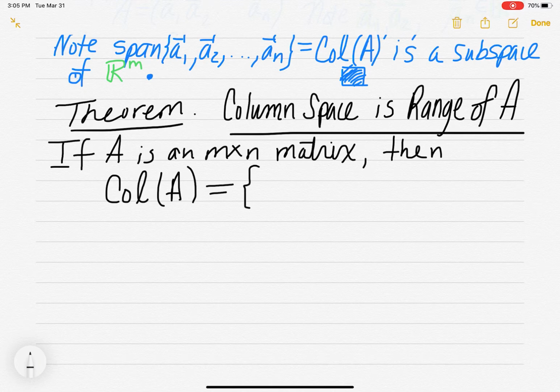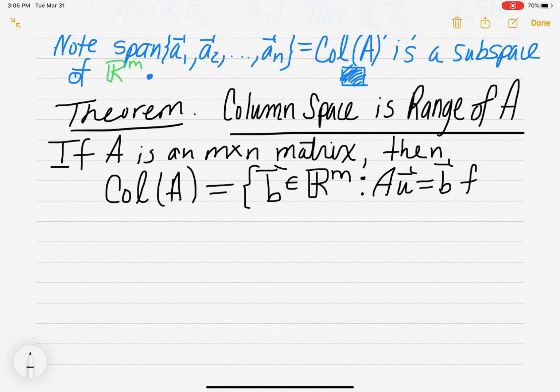It's the set of all vectors B in Rm such that A times U equals B for some U in Rn. So the column space is all the vectors B in Rm such that A times some other vector U in Rn is equal to B. Let's prove that. Proof.